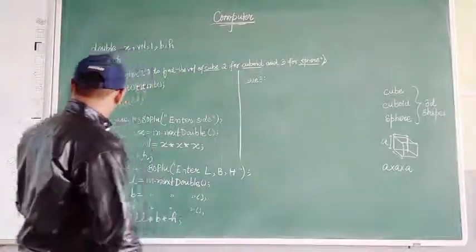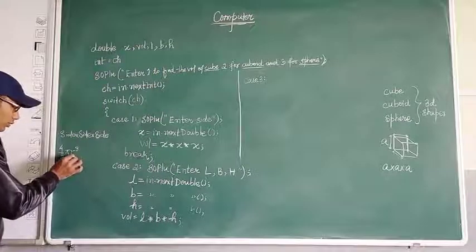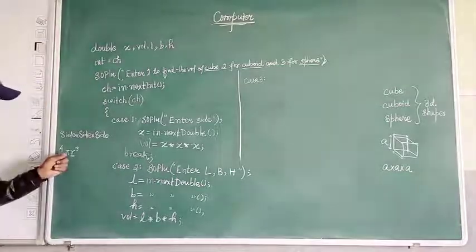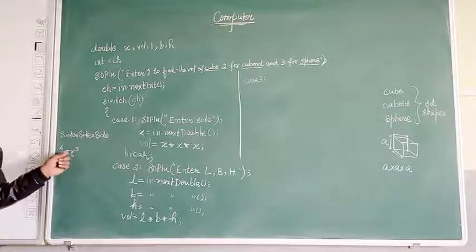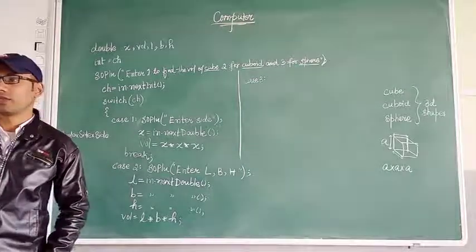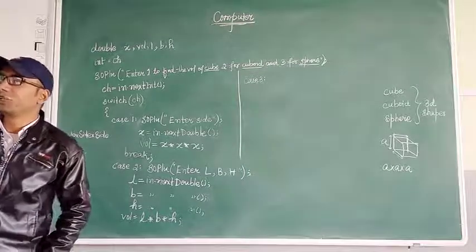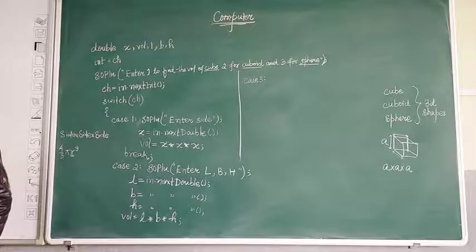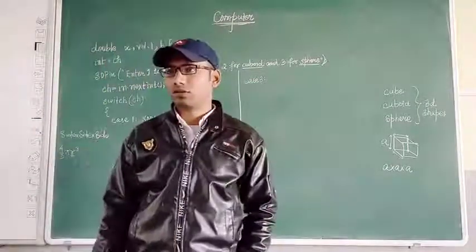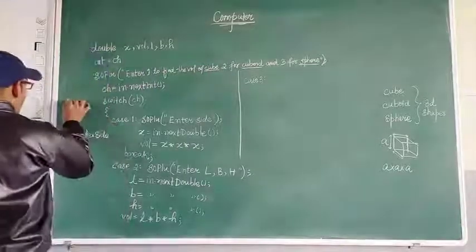Now we need the value of r, the radius. The value of pi is how much? 22 by 7. Or we may simply write 3.14.